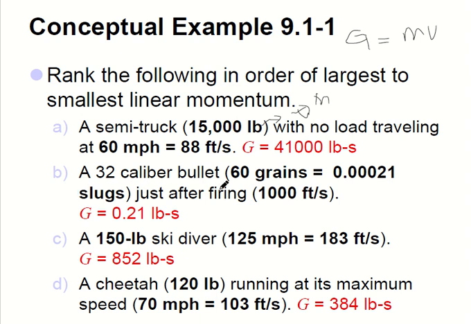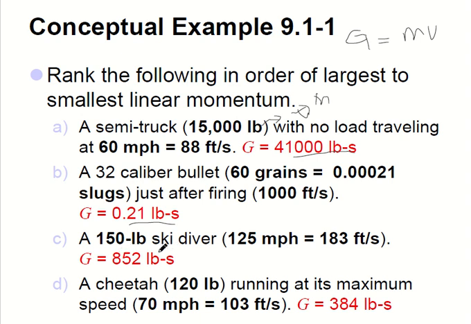That's giving you mass directly, so you multiply that and you get 0.21 pound second. Because we're doing a ranking, we have to compare, so even though you get slug with feet per second, you have to convert that unit into pound second to compare.